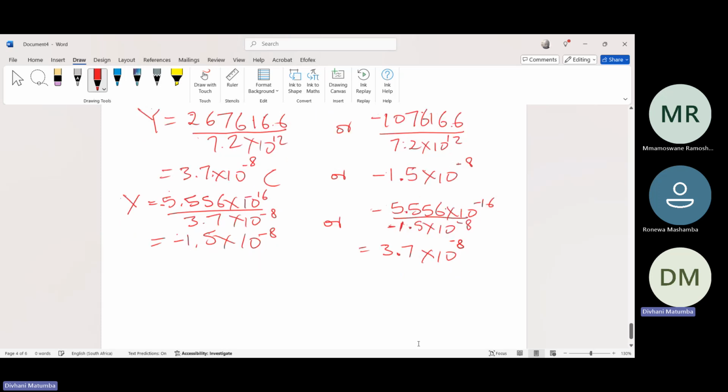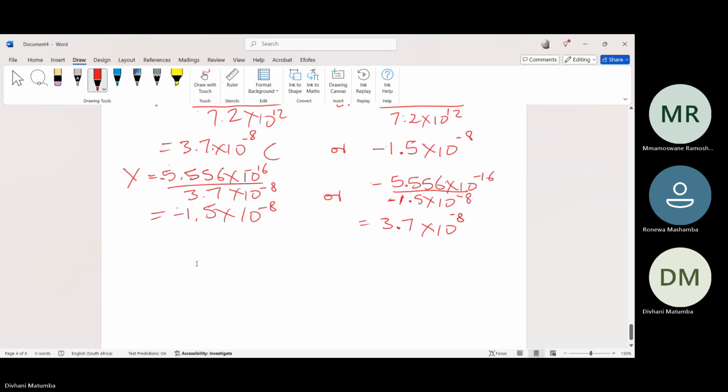So yes, the two charges are y equals minus 1.5 times 10 to the power of minus 8, and x will be 3.7 times 10 to the power of minus 8.